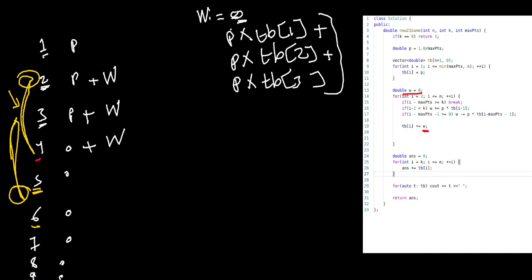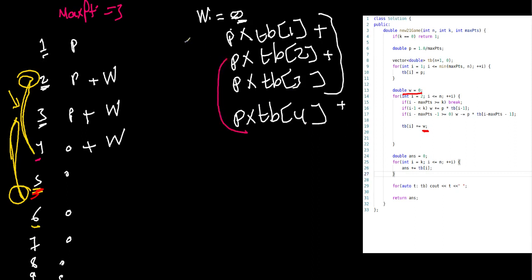Now for 5 we need to add p multiplied by tb of 4 to the window, but now also because the window is with the length of max points, which equals 3, so we take these 3 values and we need to remove this from the answer.